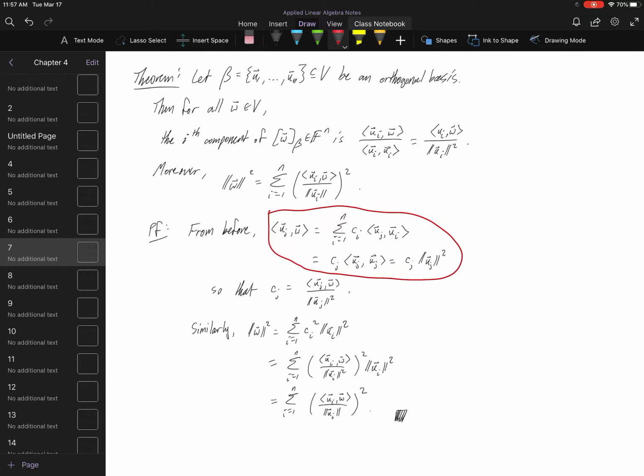So in the computation from before, it's the same work in the proof. So we can go ahead and factor out, there should be a CJ in here as well, shouldn't there?